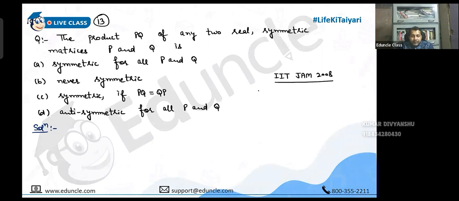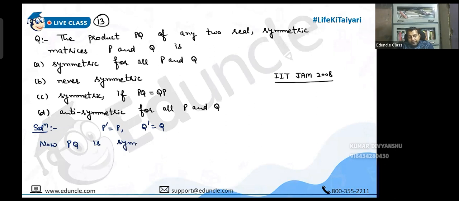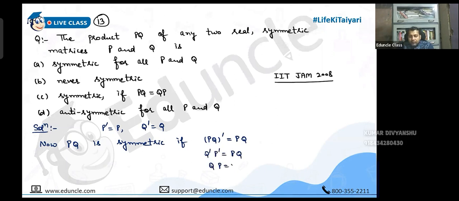See, it is given that P and Q both are symmetric, so P dash equal to P, Q dash equal to Q. Now, PQ is symmetric if PQ transpose is PQ. So Q dash P dash is PQ. Q dash is Q, P dash is P. So QP is equal to PQ. C option. Please check.